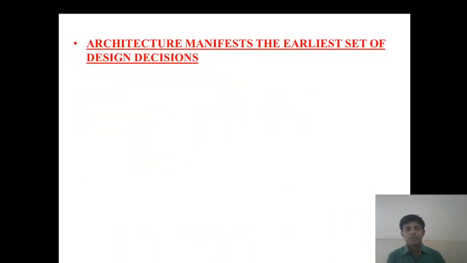And architecture manifests the earliest set of design decisions. Nothing but before implementing your project practically, check your decisions on the architecture. If any modifications are needed, we can take an early decision before implementing the project practically.